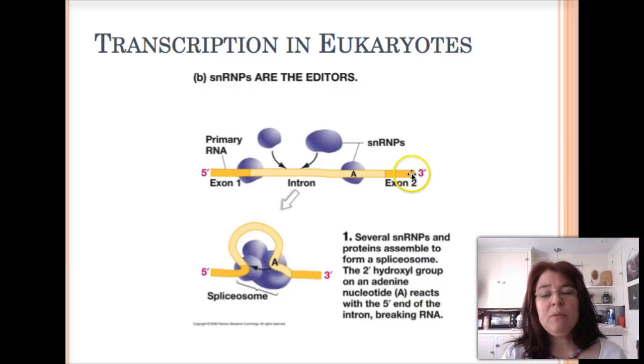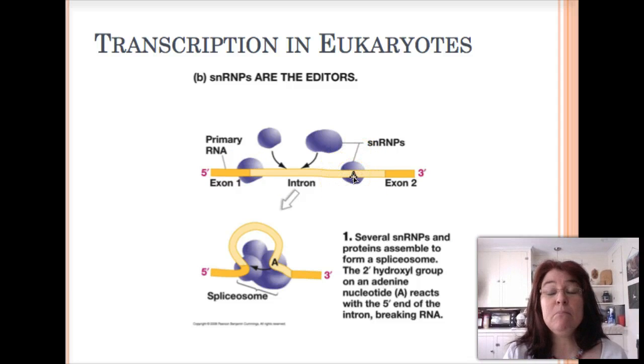So in yellow up at the top, we can see two exons with an intron in between them. These purple circular molecules represent SNRPs. All of the SNRPs are going to come in and they're going to help remove this intron section. You'll notice that there's a capital A here that represents the single adenine that's going to be at the boundary between this intron and this exon.